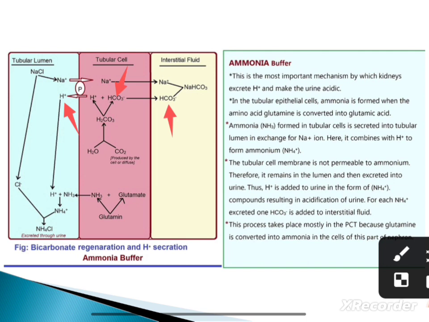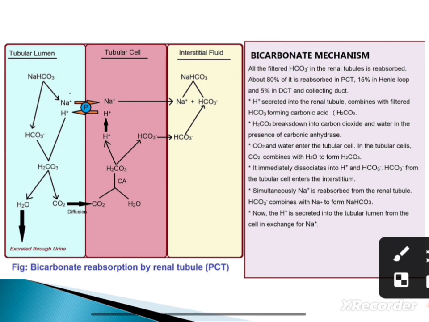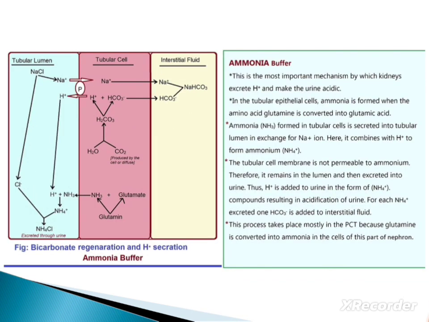One is bicarbonate regeneration, another is hydrogen ion secretion. And the bicarbonate buffer system causes bicarbonate reabsorption. Understanding these mechanisms is very important to keep in mind all these renal buffer systems.